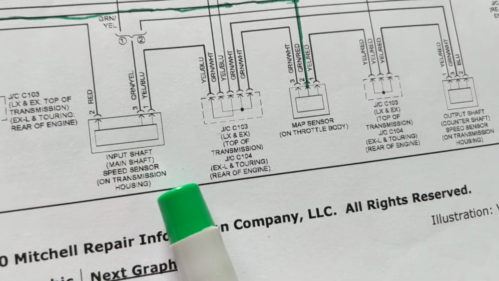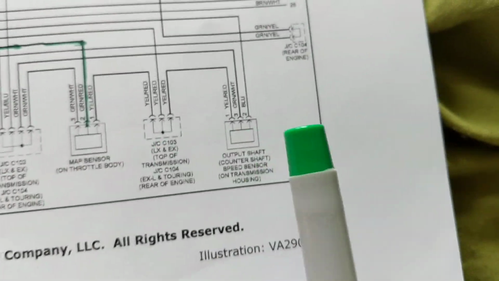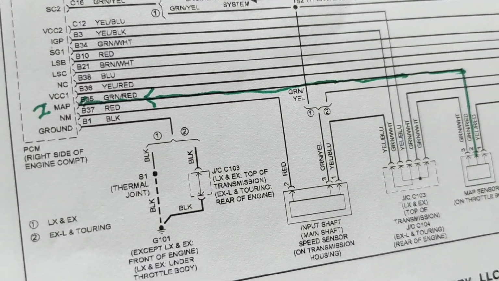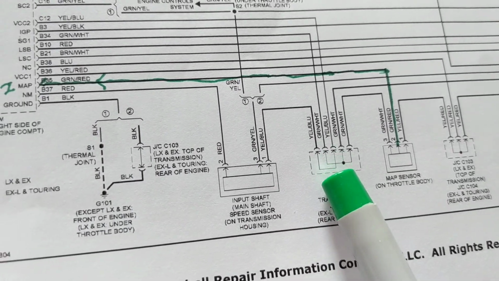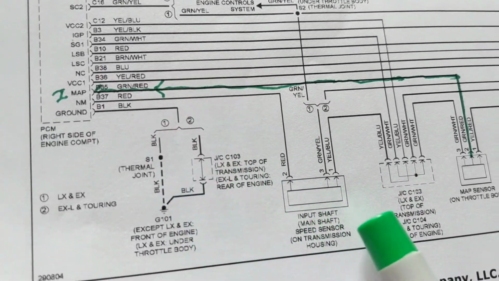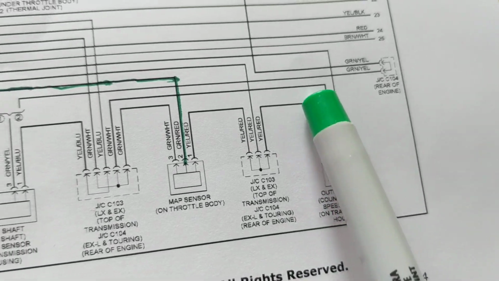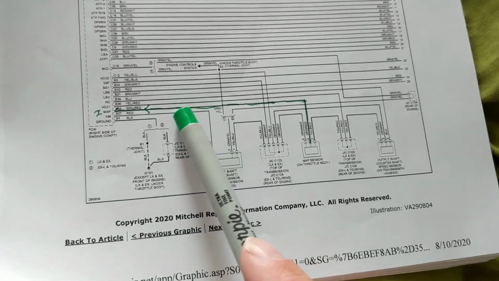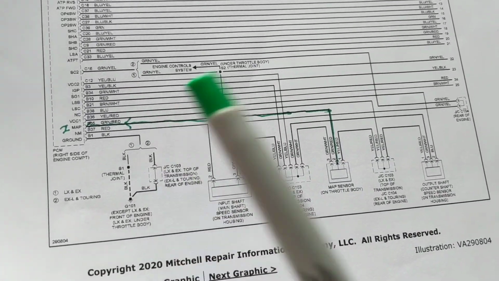You also have other ones over here. You have sensors for the speed sensor on the input shaft, and one on the output shaft. This defines which gear you're in. So where does this vital information go? It has to go to the computer. As you can see, it goes back to the computer. If you follow the line here, let me zoom out. So basically sensors have to go back to the computer.